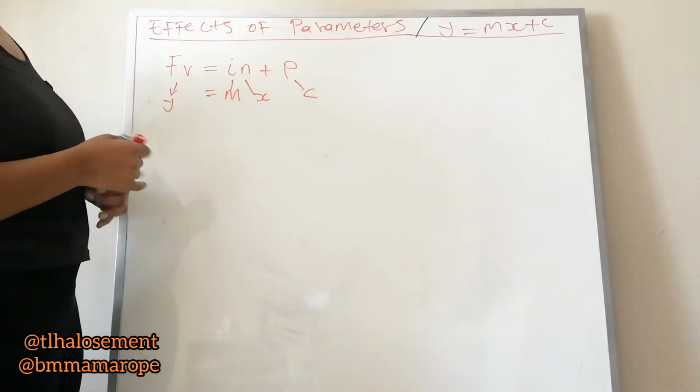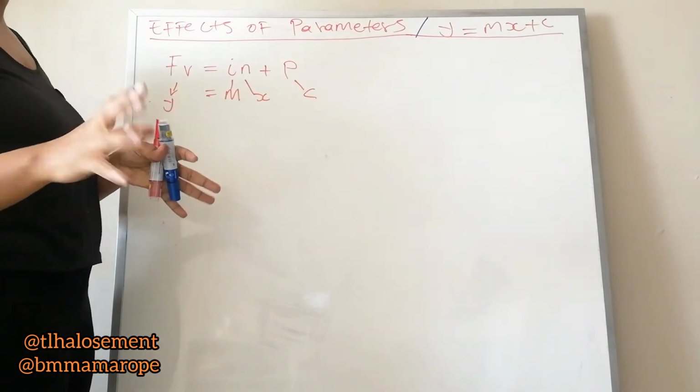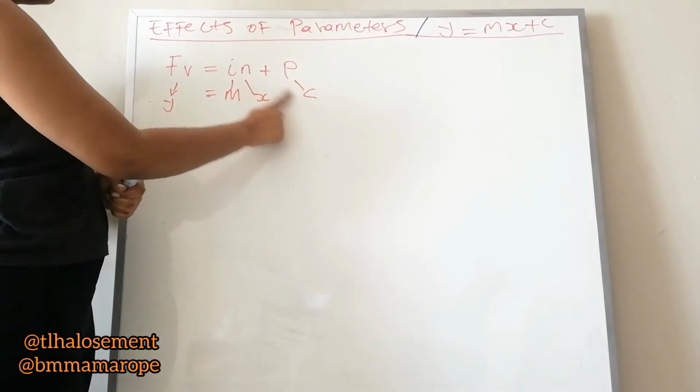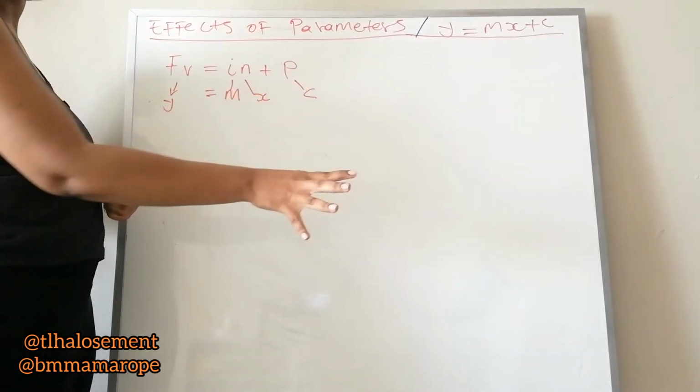The first parameter we're going to touch on, which we did touch on a little bit, is your C, your principal amount.